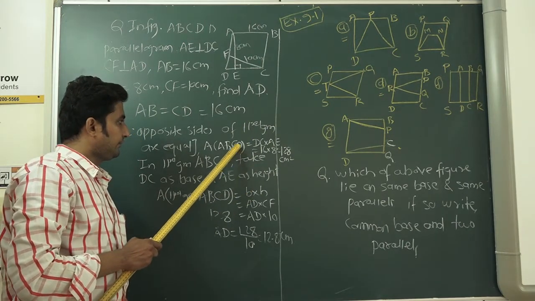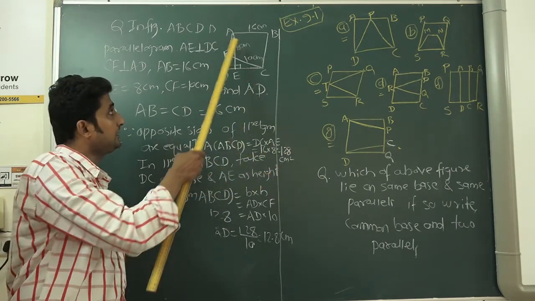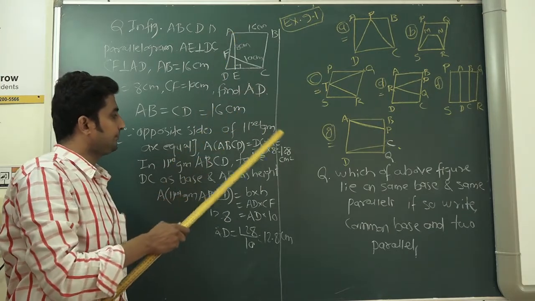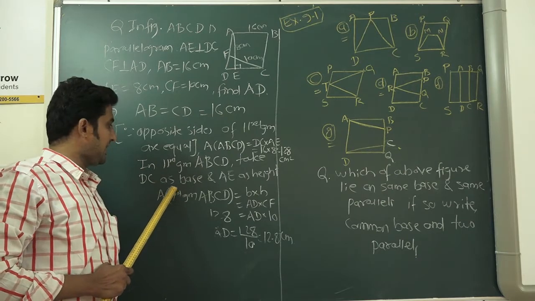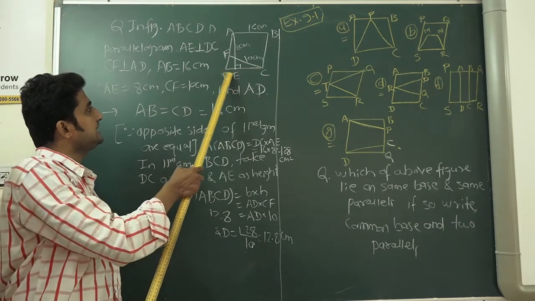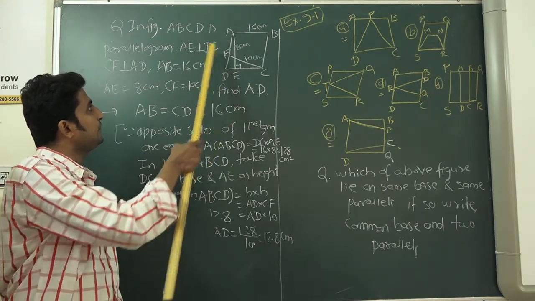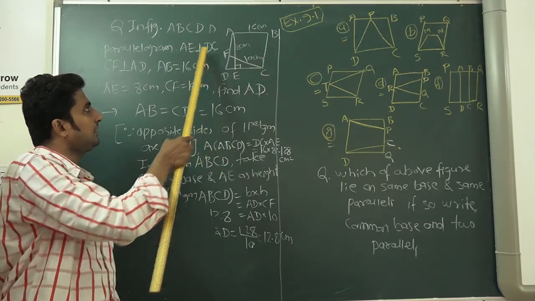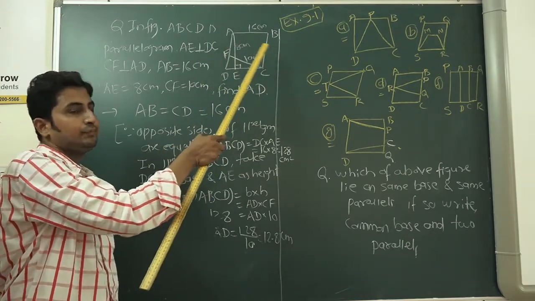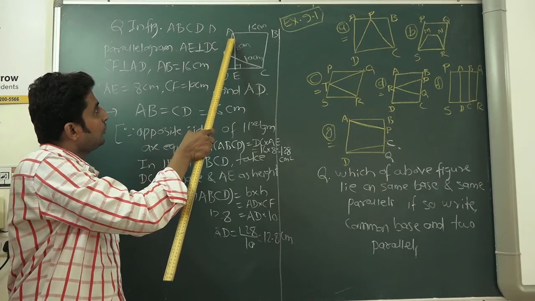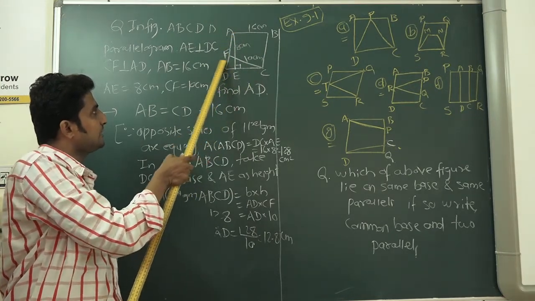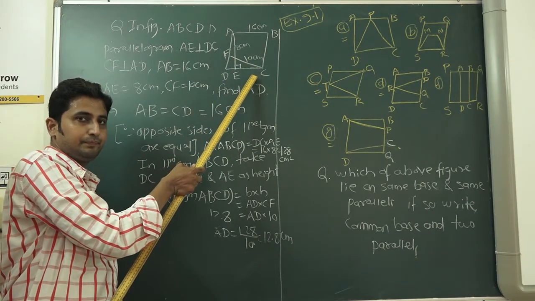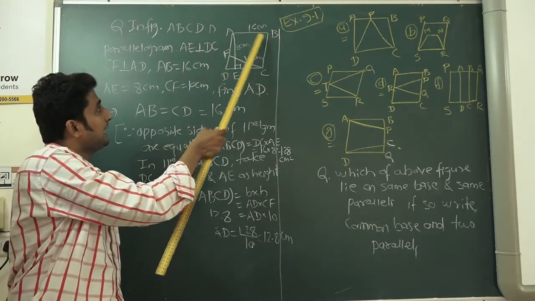Now, this will help you in finding this AD. Now, please watch this. Now, DC as the base. Where is DC? As we consider this parallelogram ABCD, now, in this, can we say that AD as the base and CF as the height? Dear students, watch carefully.